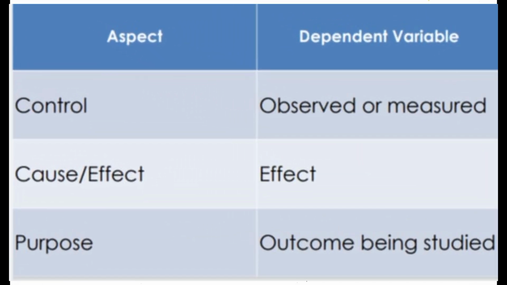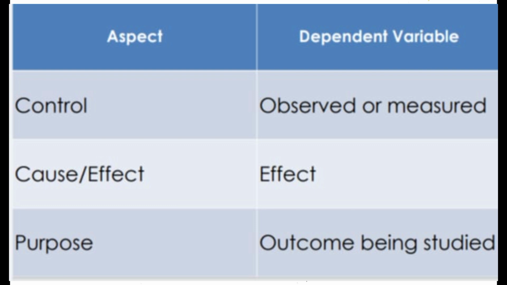One aspect of the dependent variable is control. The dependent variable of control is observed or measured. This table provides a simplified explanation of the dependent variable in an experiment by relating it to three aspects: control, cause and effect, and purpose. First, in the aspect, we have control.